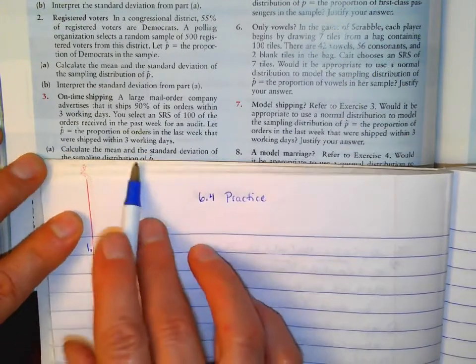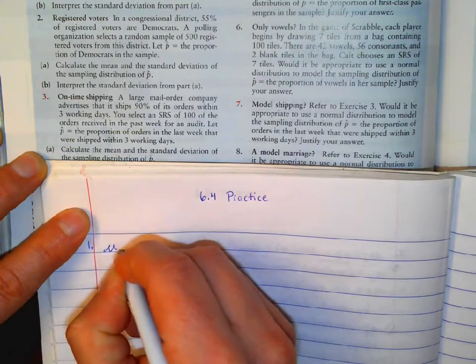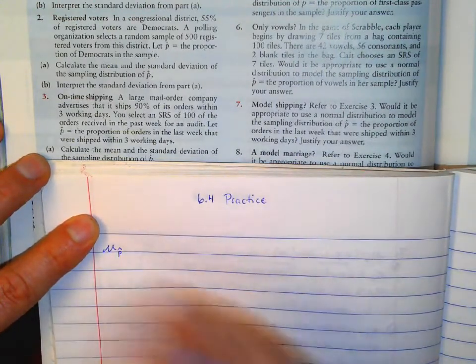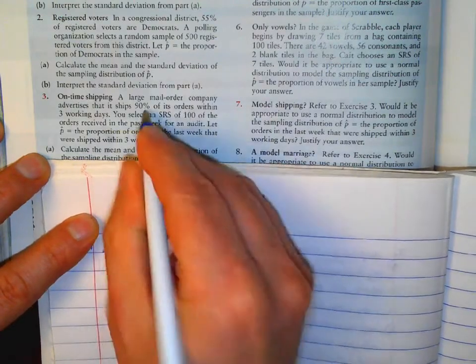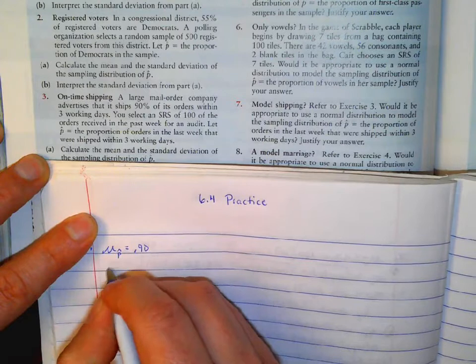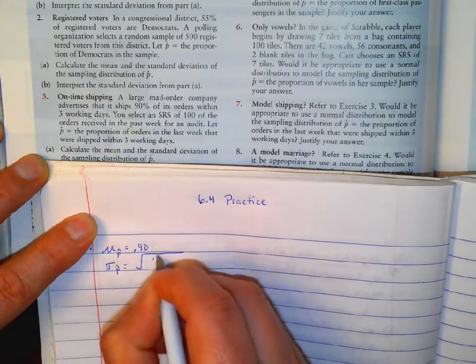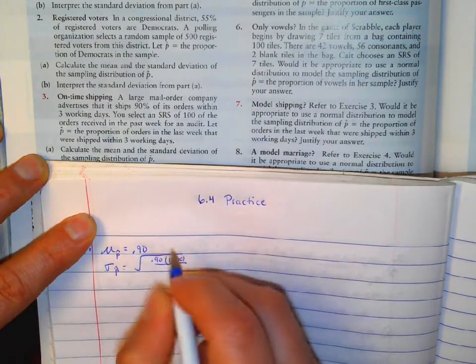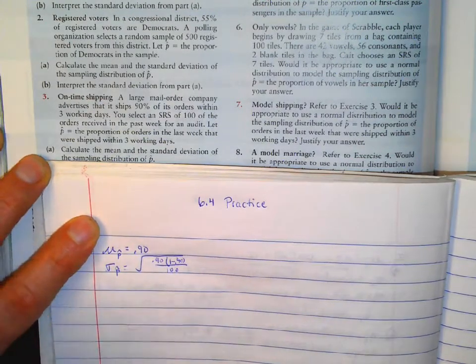So the mean of all of those samples of 100, a whole bunch of them, would be 90%, same as the proportion. The standard deviation would be the square root of 0.9 times 1 minus 0.9, or 0.1, divided by n, which is 100.